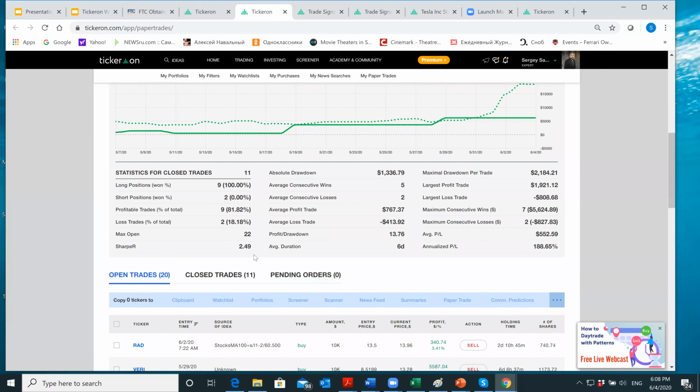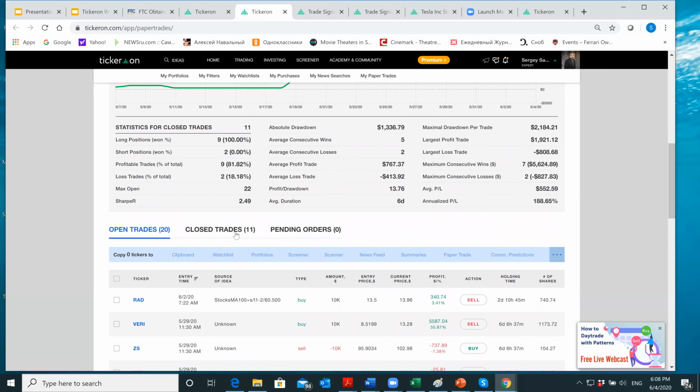So this is a very interesting statistic, okay? It looks like I closed only 9 positions this month, not a lot, and I was right 100%. Let's see, it says closed positions for this month 11, but I have 20 open positions.